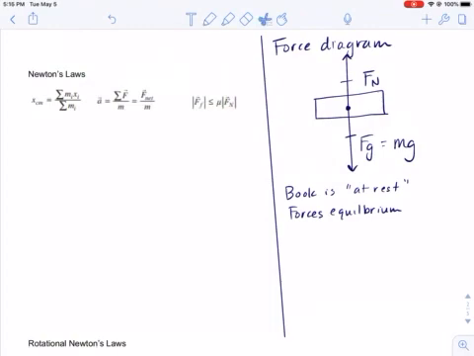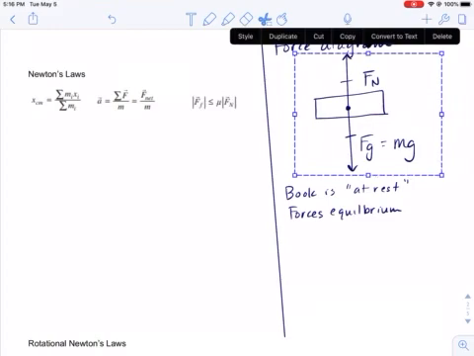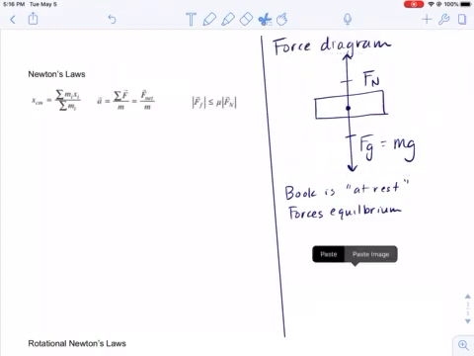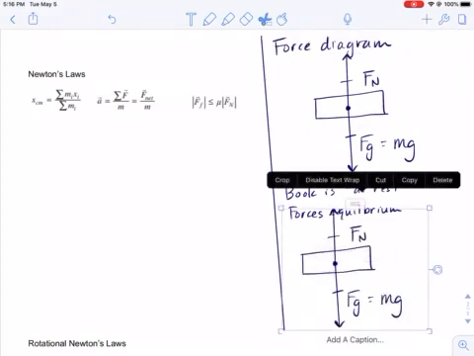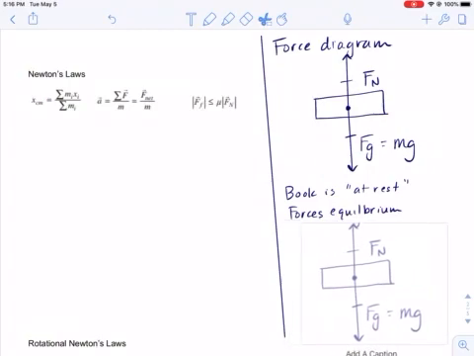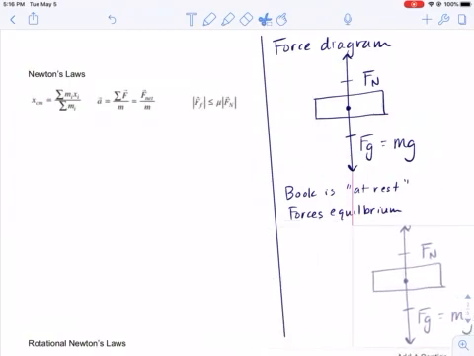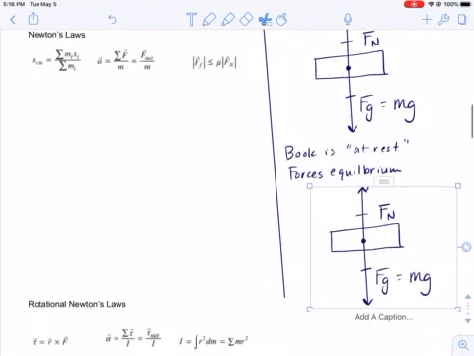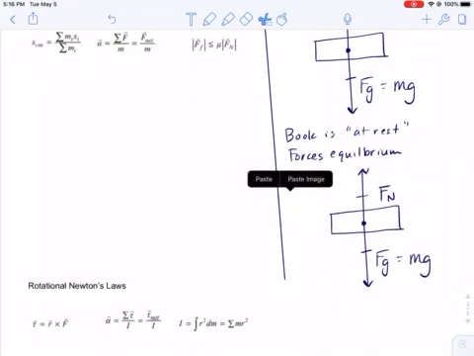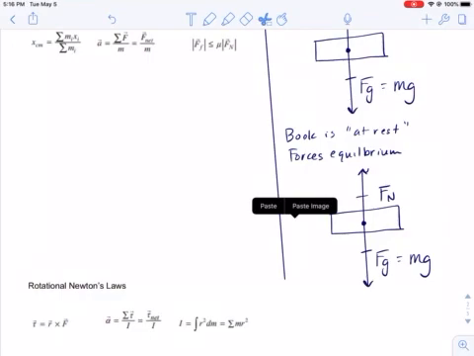Okay, so then we also looked at a scenario where we had an object that was sliding. I think I had an air puck that was sliding at a constant speed.